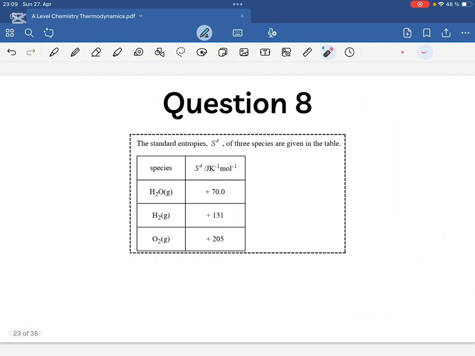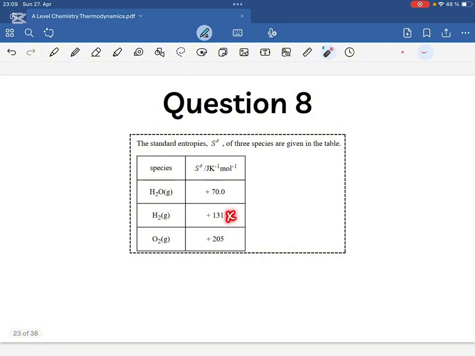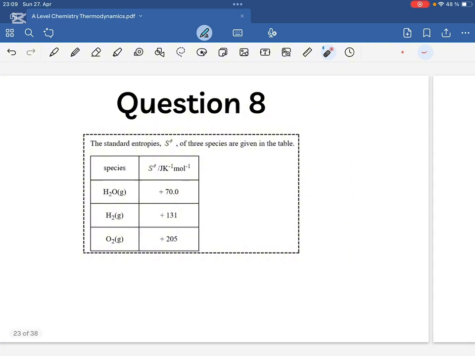Now, the coefficient for the H2 in the products is 2, so it's going to be 131 times 2, and we're going to add to it 205, and we're going to subtract the H2O, which has a coefficient of 2, so it's going to be plus 70 times 2.